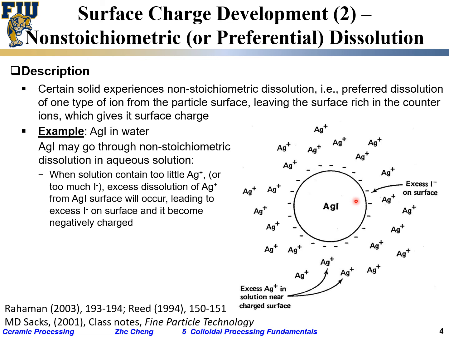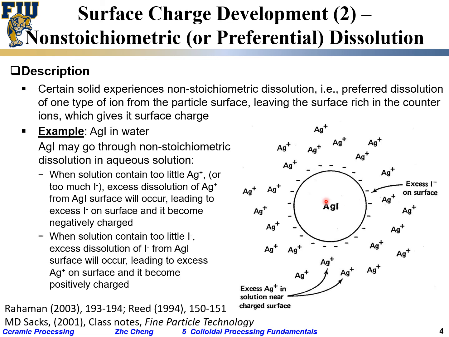Okay, so this is one example of so-called preferential dissolution. The other case is when the solution contains too little iodine, and in this case, we would have excess dissolution of iodine, leading to excess silver ion on the particle surface, which is positively charged.